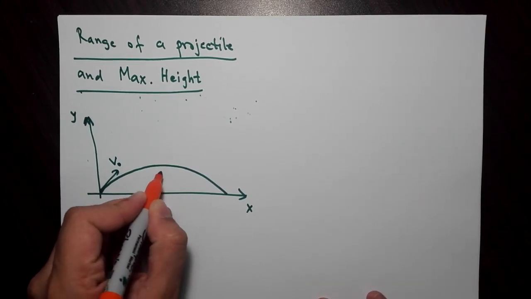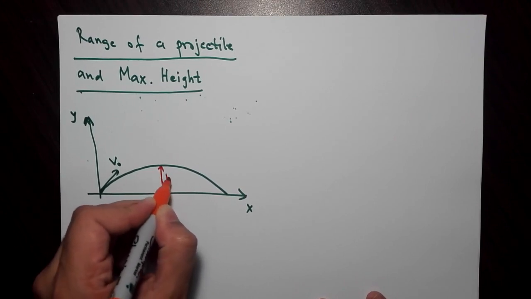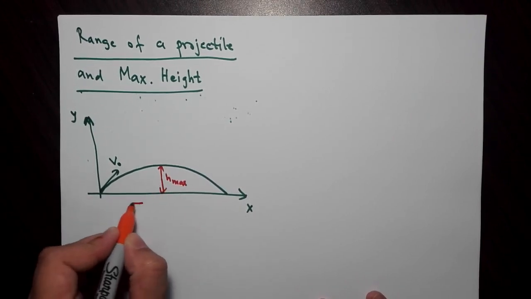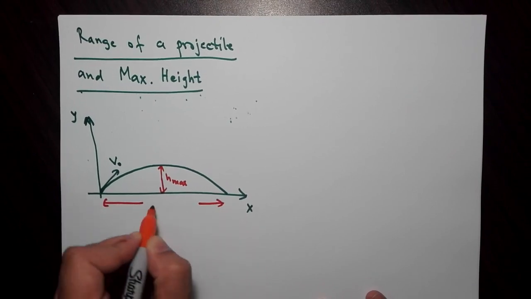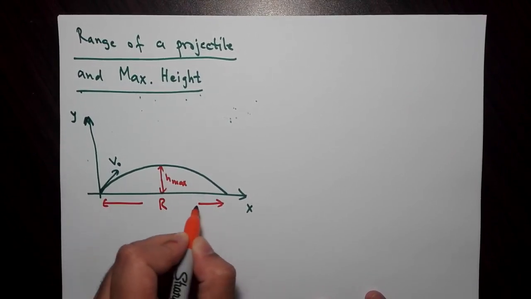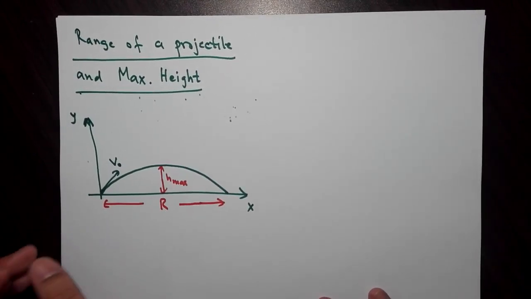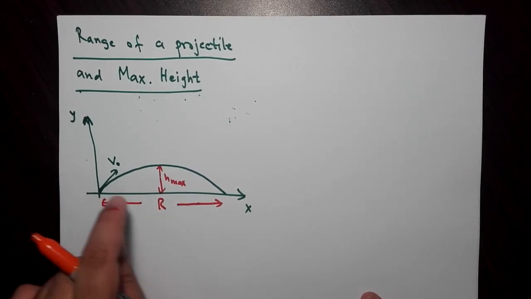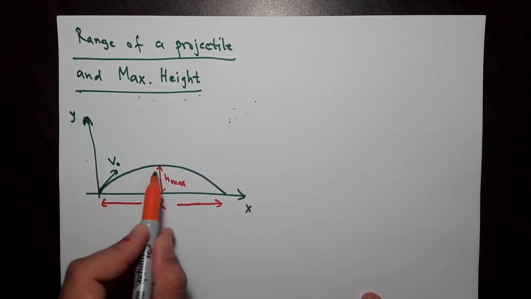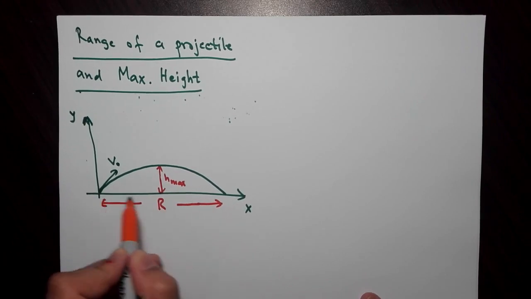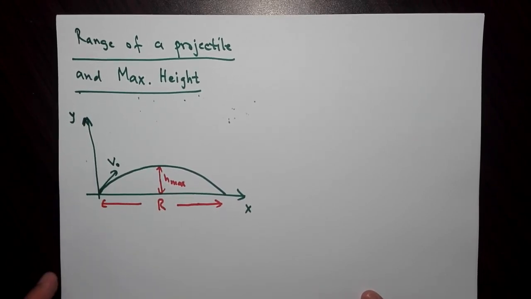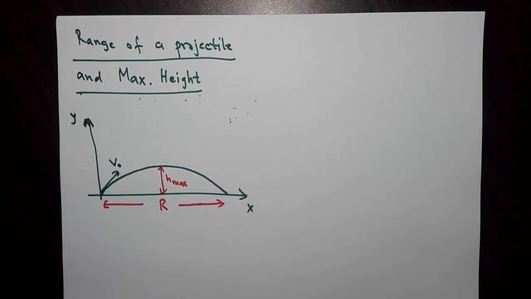We want the maximum height, h max, and the range of a projectile. Let's call it R, capital R. Now again, this is for a scenario where the projectile lands at the same y location, at the same vertical position.